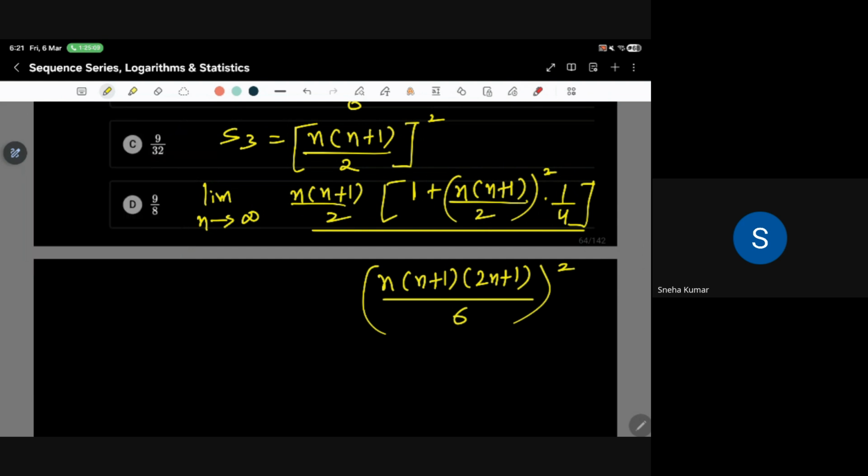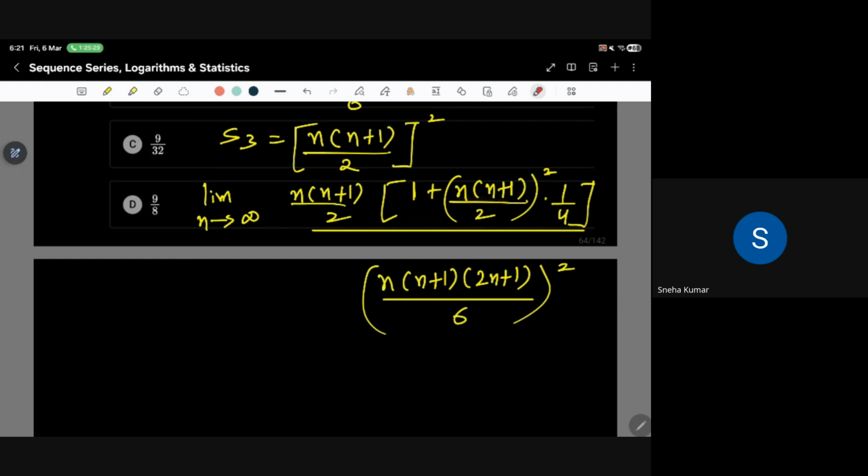Okay, now see, this n is already outside. So whenever n is tending to infinity, we basically want to cut out the highest power of n in the numerator and denominator. So now see, from here I will take n common. Okay, from here, what is the highest power of n? n to the power 4.